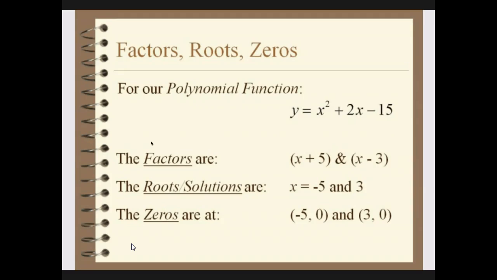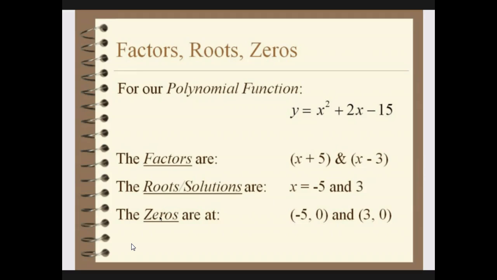It's also important to be able to understand terminology. When we say polynomial function, we're talking about the equation. When we say factors, we're talking about the binomial representations of the factors. Yesterday we worked on factoring polynomials. When we talk about the roots or solutions, we're talking about x-equals values.